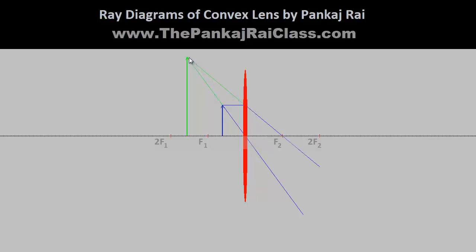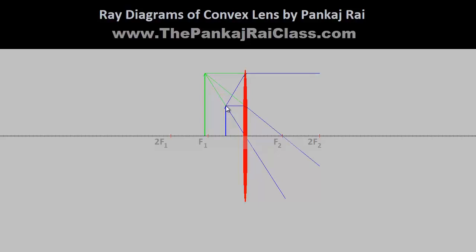It seems it's not real, that's why it is called a virtual image. And as you can see, the virtual image is being formed at this position. Let me bring it closer. You can see clearly that there is a virtual image which is being formed on the same side of the lens as the object. So this was the third ray diagram.